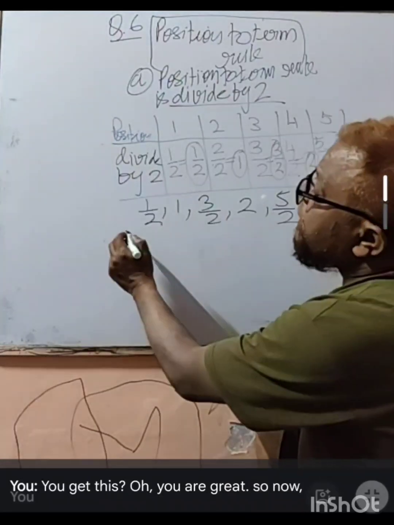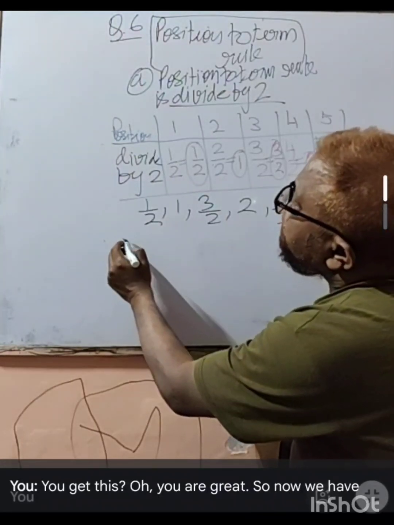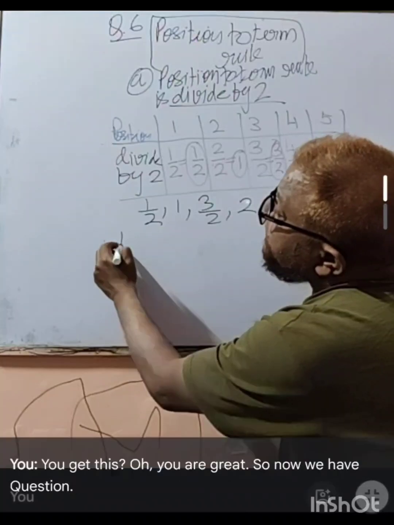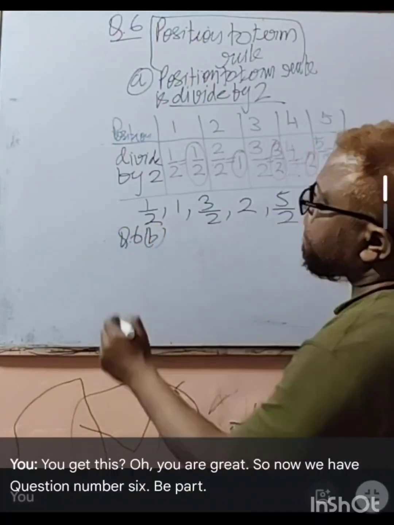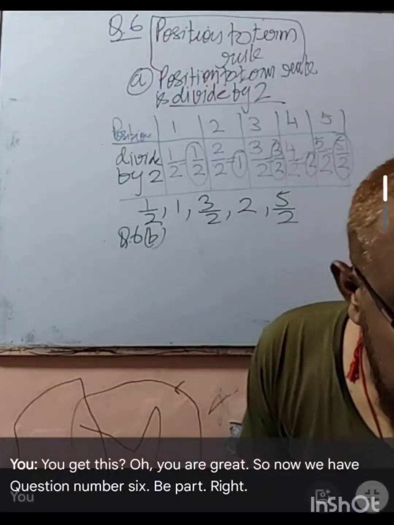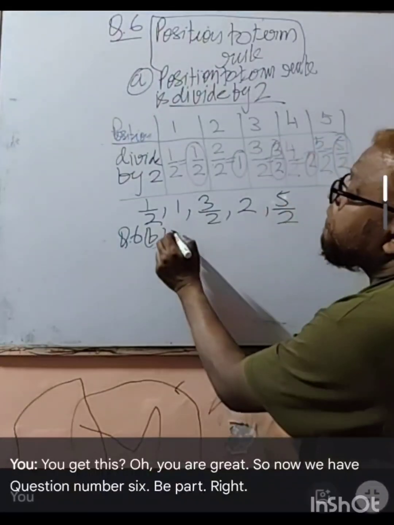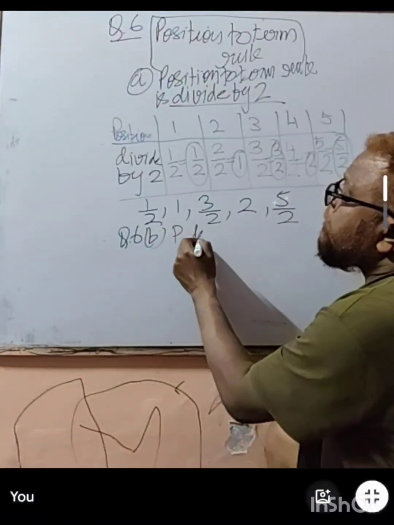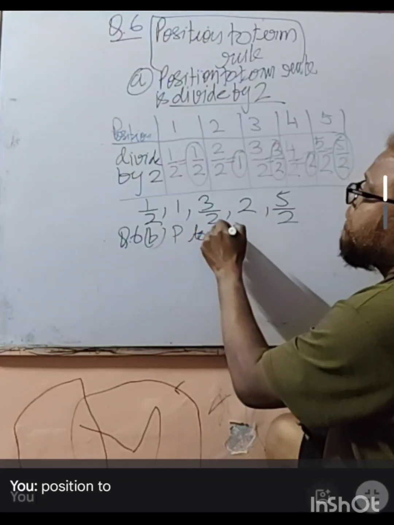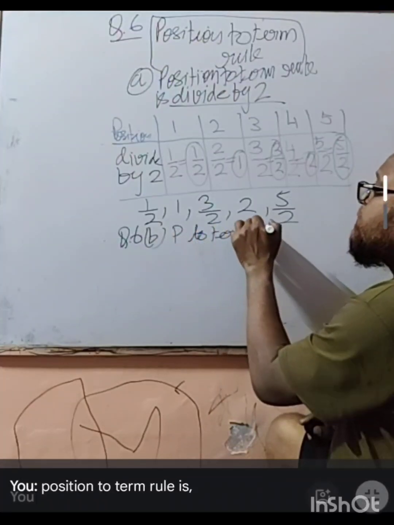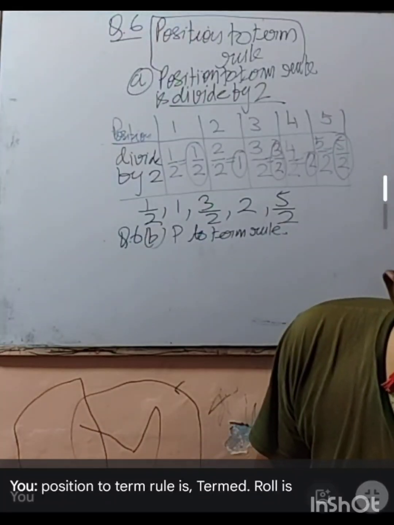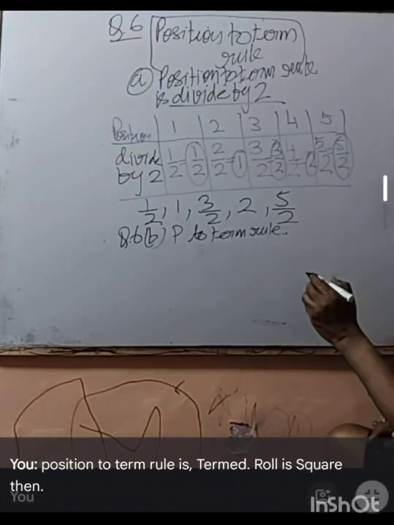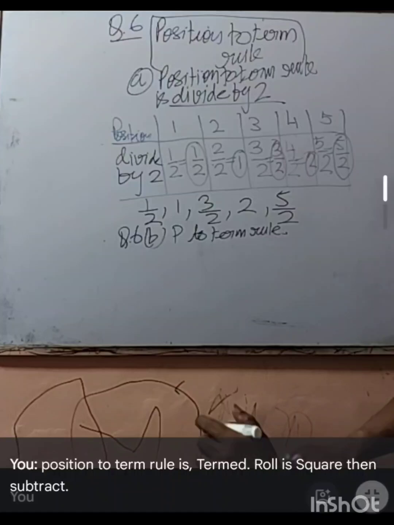So now we have question number 6, B part. The position to term rule is square then subtract 3.